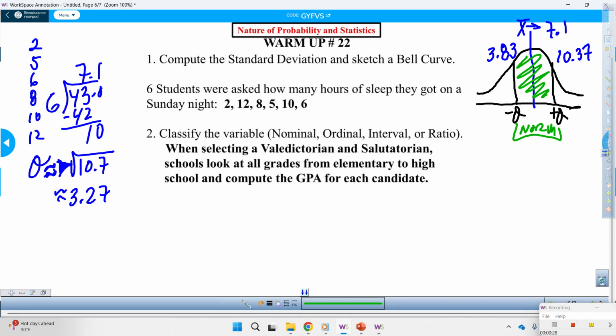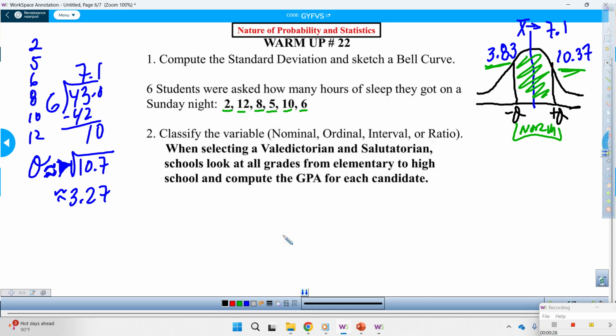All right, so according to the context, 6 students were asked how many hours of sleep they got. Here are their numbers. The norm is from 3.83 to 10.37. Tell your neighbor what that means. What would be your conclusion? All right, let's go with Drew.